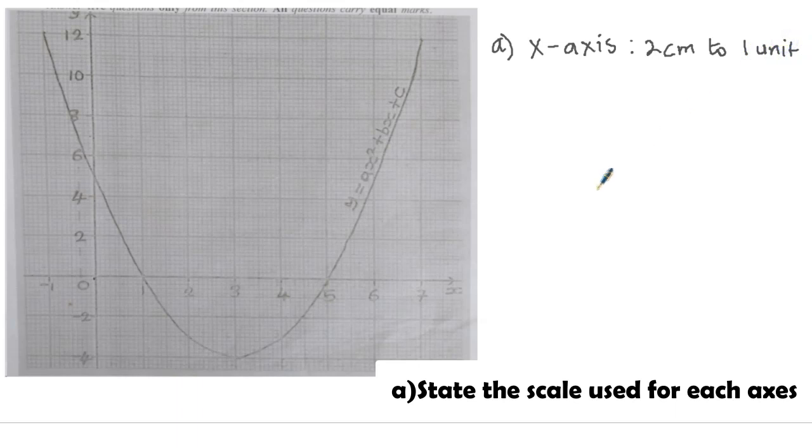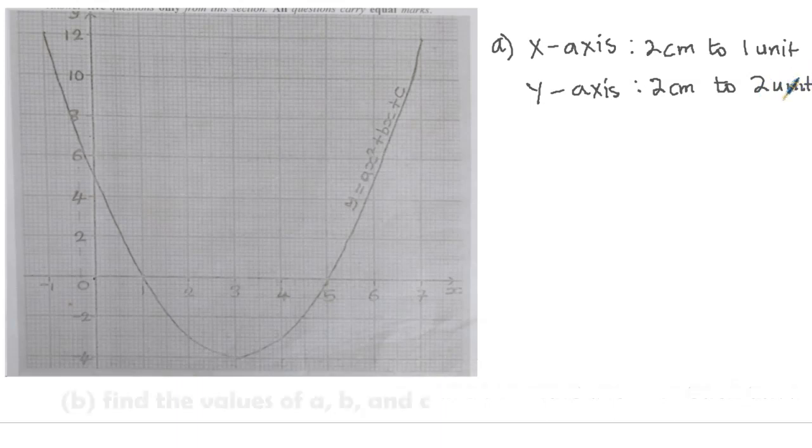Every 10 boxes, 1 unit. When we go to the y-axis, which is vertical, we count 10 boxes and we see 2. So every 2 centimeters is 2 units. And you're done with question A.